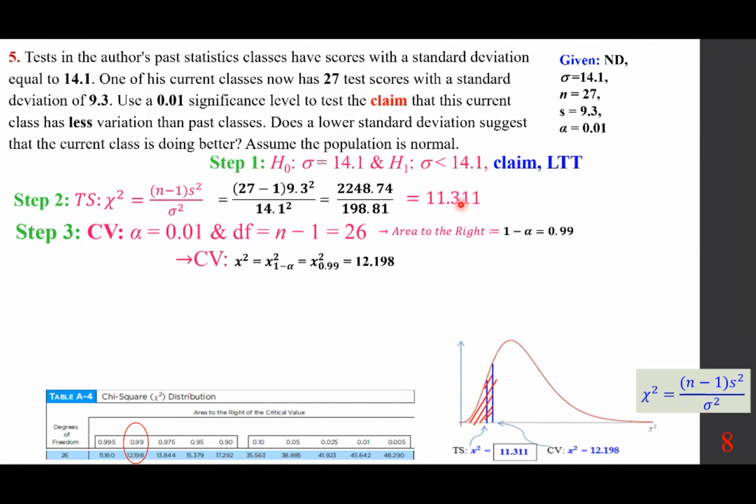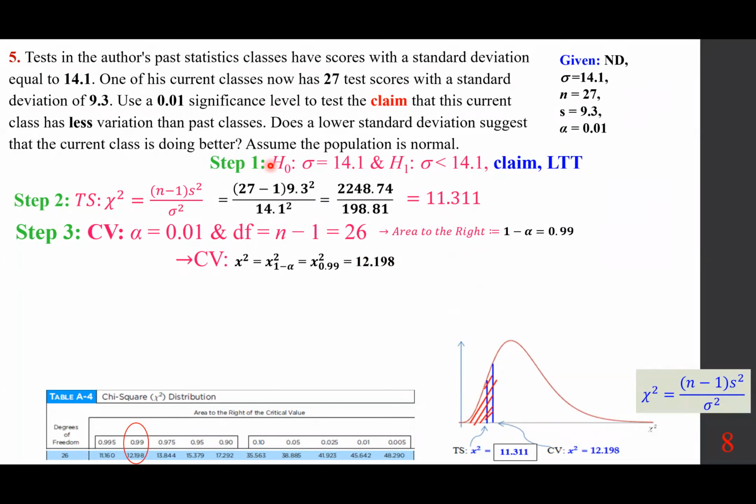Your test statistic, 11.311, is less than the critical value, which puts you in the rejection region, meaning reject the null hypothesis.